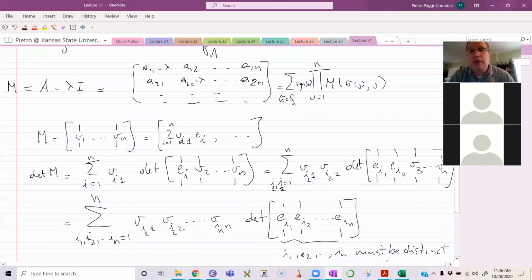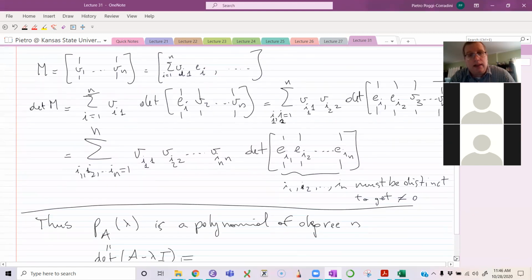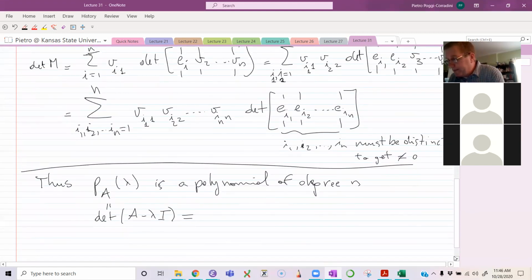you can decide to pick the diagonal term in every column, right? And in that case, you're going to get, especially, let me actually back up here. The PA lambda is not this one, it is this.